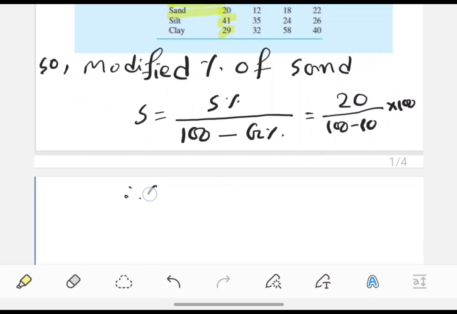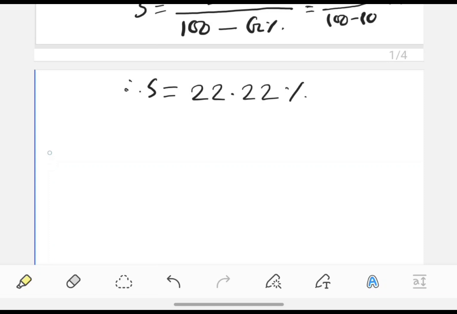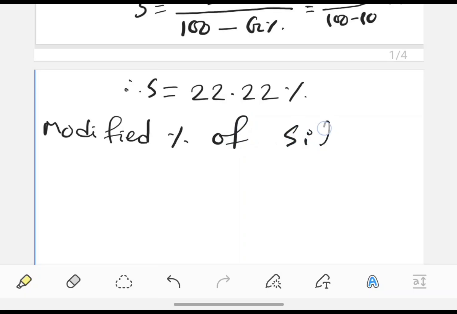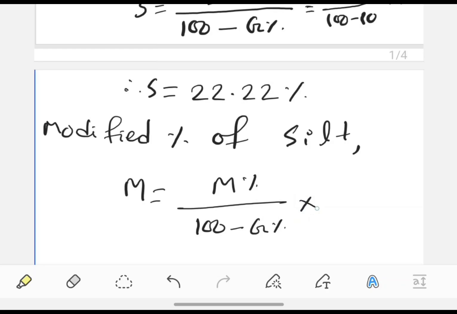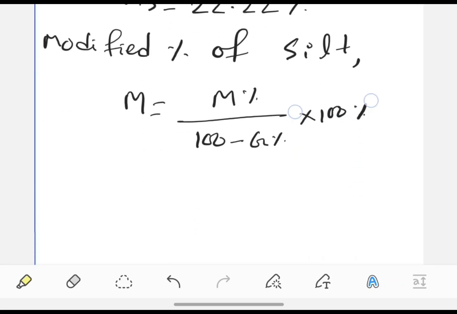Then modified sand percentage will be 22.22% and modified percentage of silt equals to silt percentage divided by total percentage minus gravel percentage into 100%.